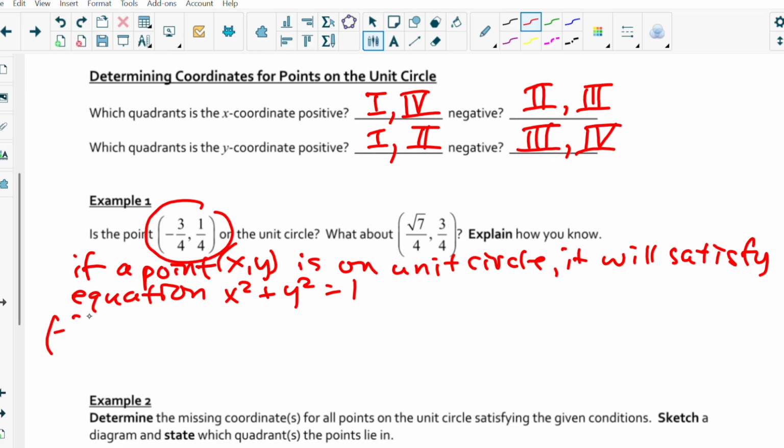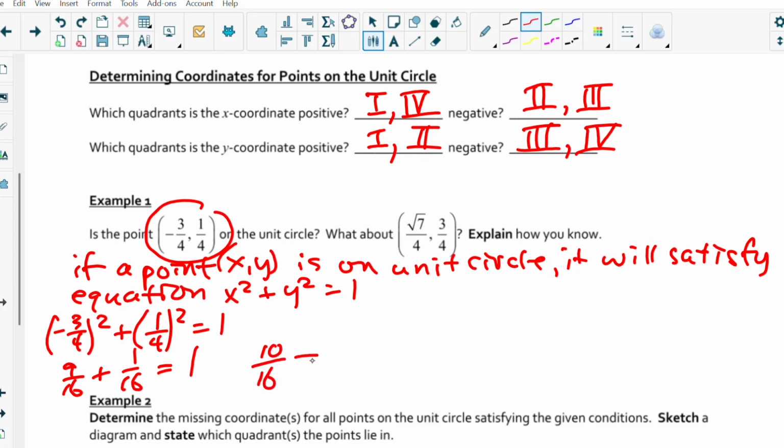For this one, negative 3/4 squared plus 1/4 squared. Does it equal 1? That is 9/16 plus 1/16. Does it equal 1? Well, that is 10/16. Does not equal 1, so not on the unit circle. Okay?